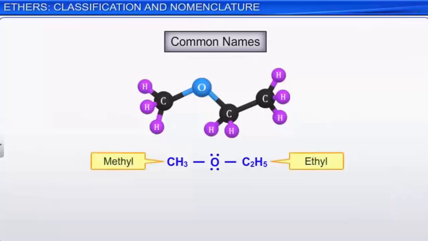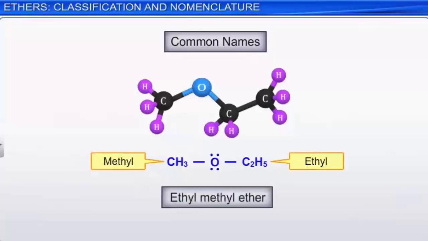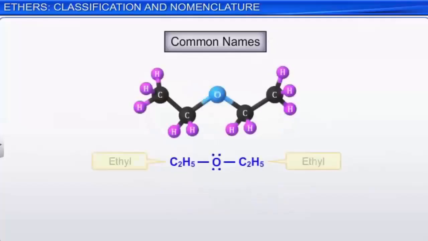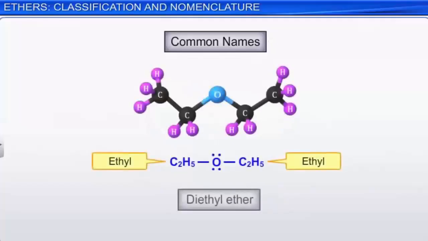For example, the common name of the ether shown here is ethyl methyl ether. If the ether is symmetrical, use the prefix di plus the alkyl group name, and add the word ether at the end. The ether shown here has the common name diethyl ether.